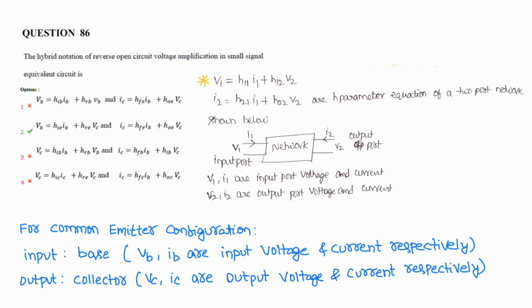For the common emitter configuration, input is base and output is collector. So the input voltage is the base voltage and the input current is the base current. The output voltage is the collector voltage and the output current is the collector current.